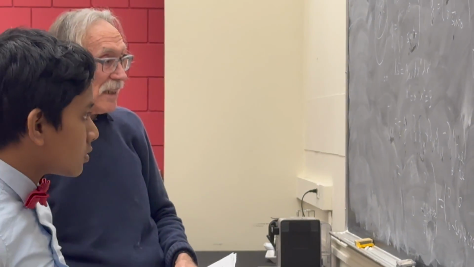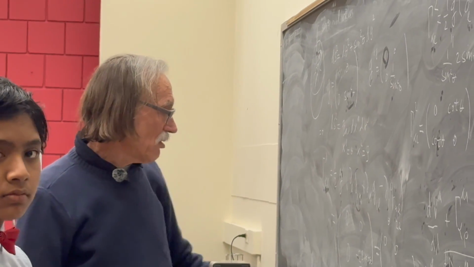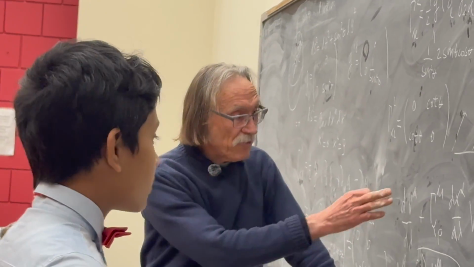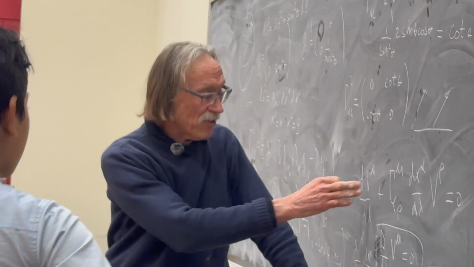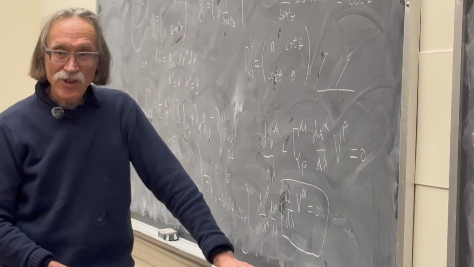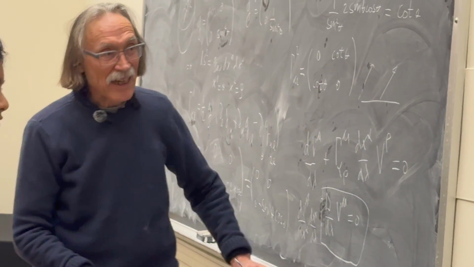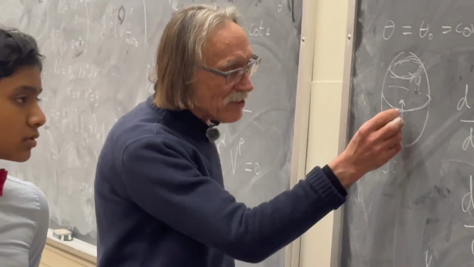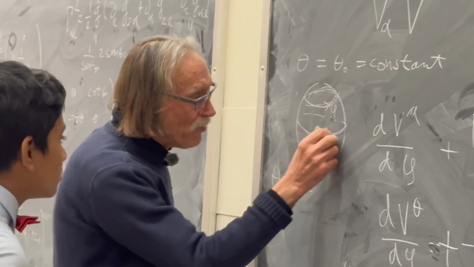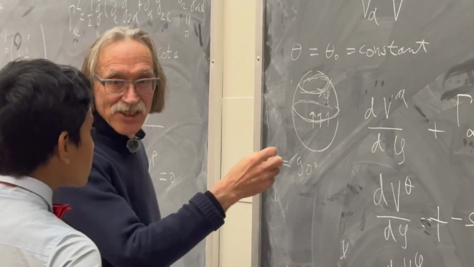So that means the dv phi d lambda is 0. So that means the vector remains constant. And that is what you expect, because if you transport a vector along the equator, it just stays up.